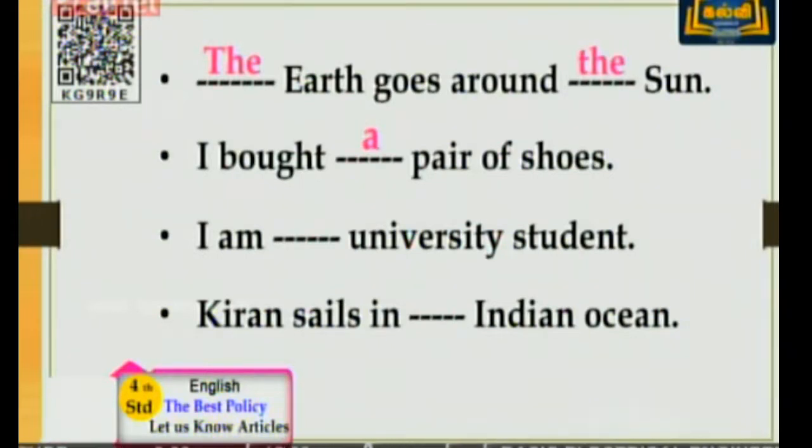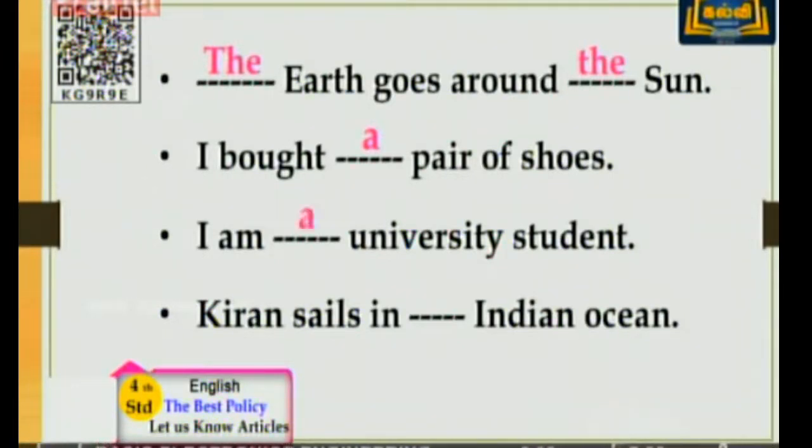You're right. Now tell me the answer for the third question, that is, I am dash university student. Which article should you use there? Even though the spelling starts with U, the sound of the word is like Y, so we are using a.